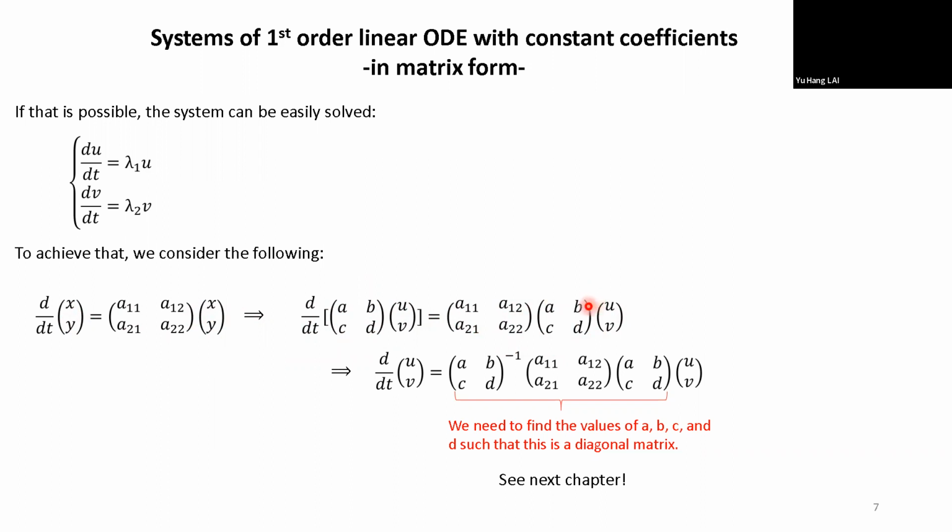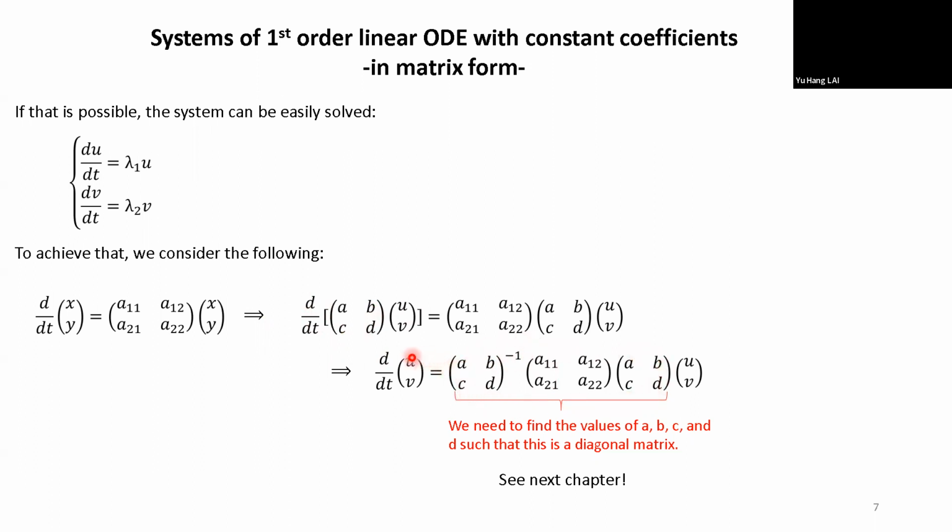This matrix is just a constant, so this whole matrix can be taken outside of the derivative symbol. Then we take the inverse and move this matrix to the right hand side.